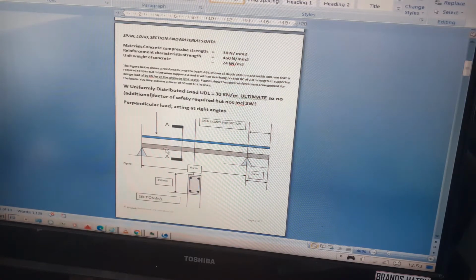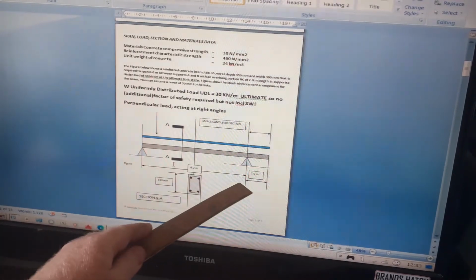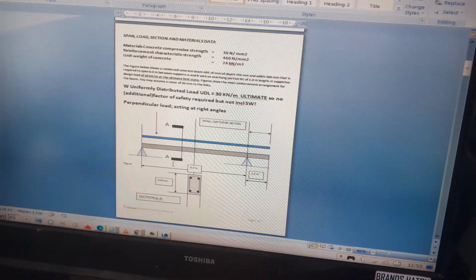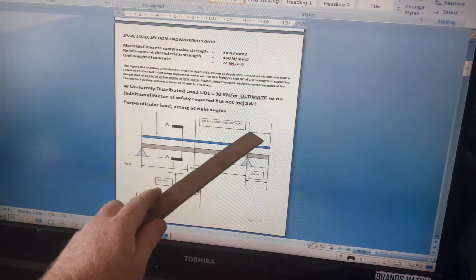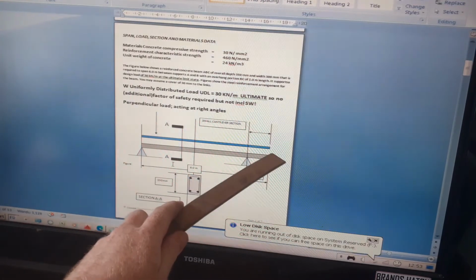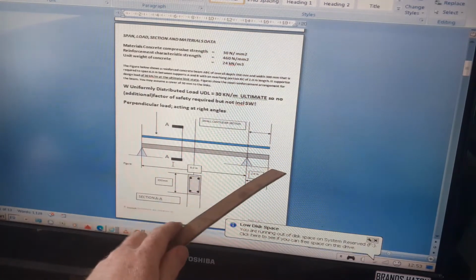It is required to span 6 meters. That's to say the middle span is 6 meters, from A to B, and it has an overhang portion BC of 2 meters. So this is A, this is B, this is C, this is 6 meters, and this is 2 meters.